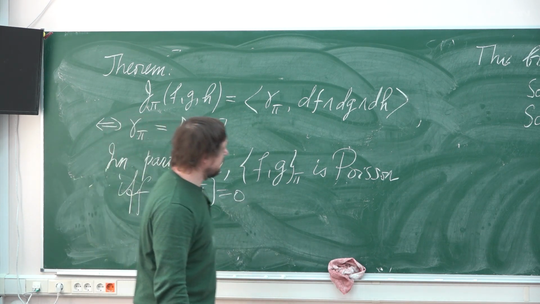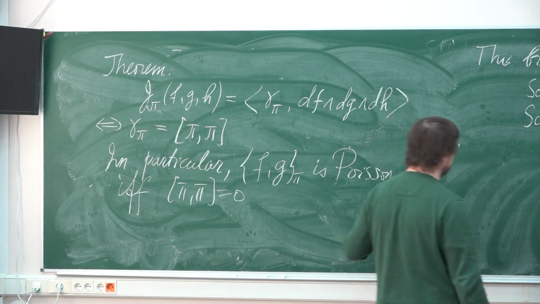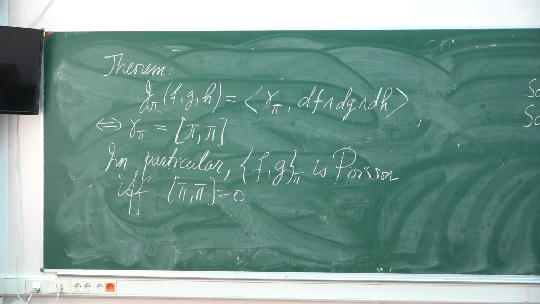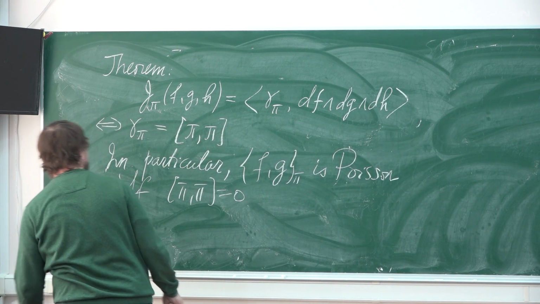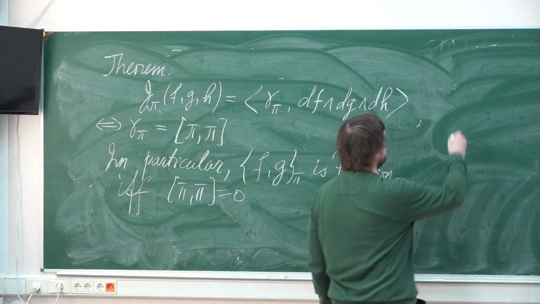So, modulo this theorem, we can say that a Poisson structure on a smooth manifold is a choice of a bivector field verifying this equation.